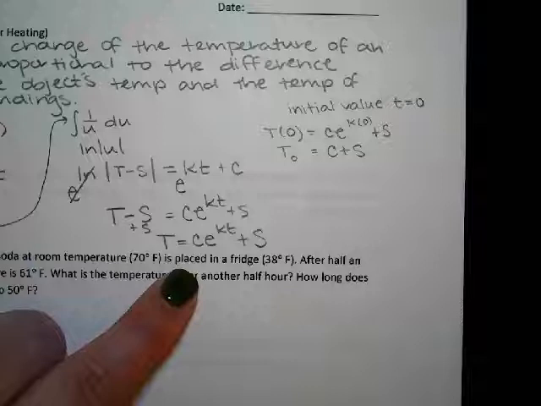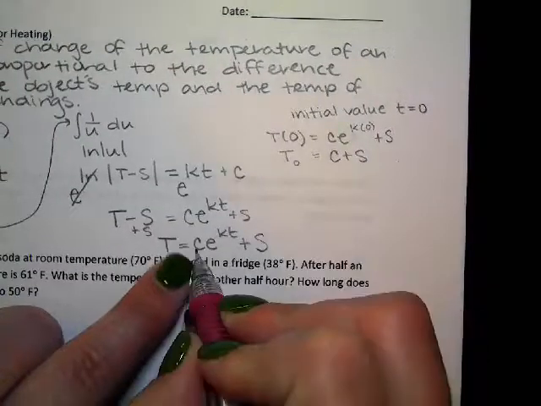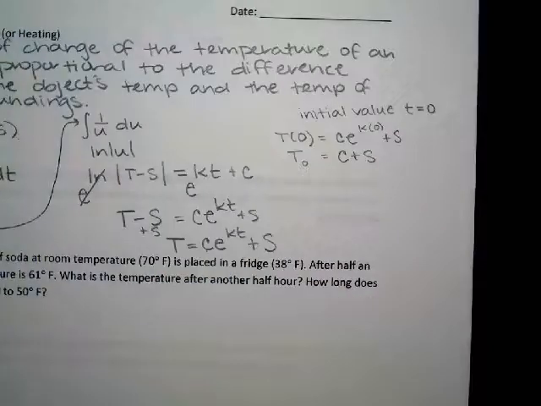Okay. So one of the things we can do is we can solve for C in the front, okay? Because in these problems, think about the problems that we were doing yesterday. Sometimes we had an initial value that they would give us in the problem, right?